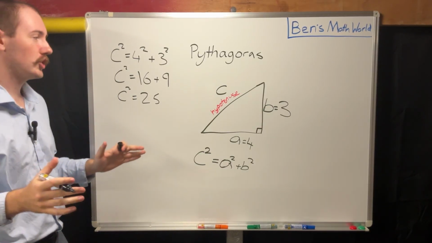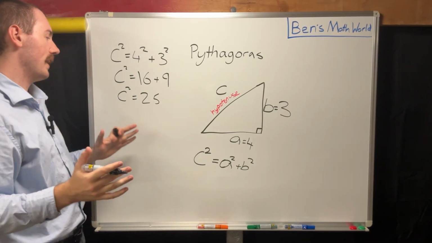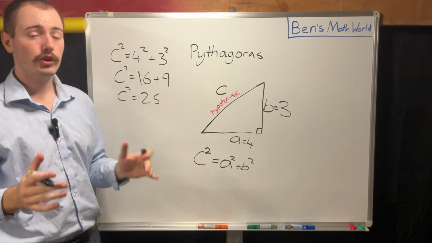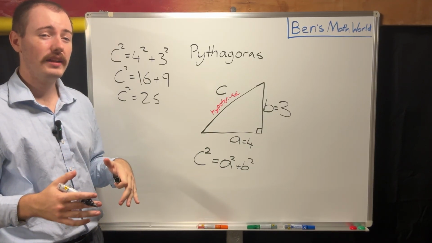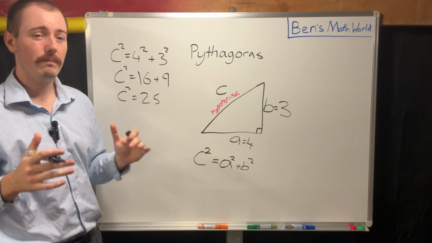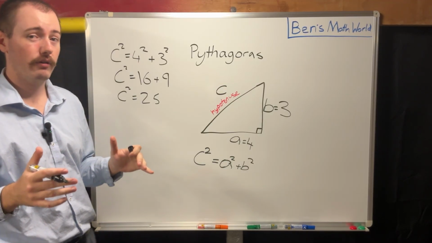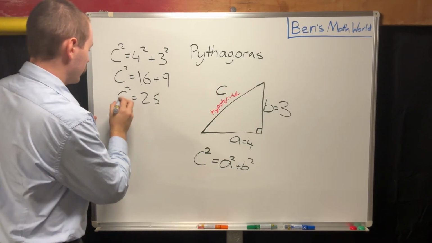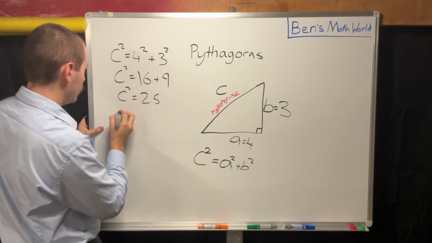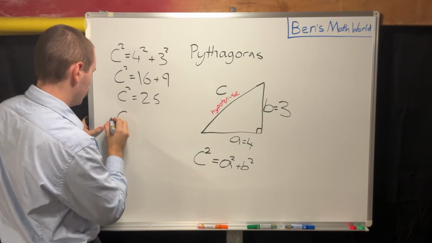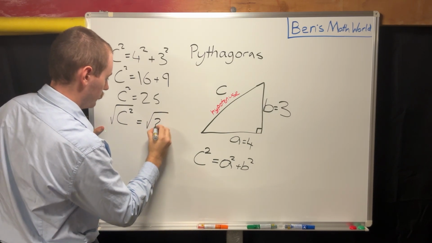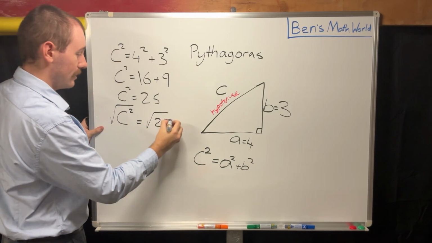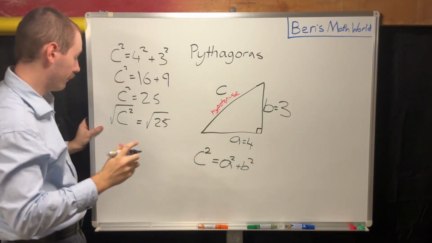Now, we don't actually have our length C here. What we have is C squared. So we have to get rid of that square on this side. And the way we do that is by square rooting both sides. That will get rid of the square. So when we square root the C squared, it's equal to the square root of 25.